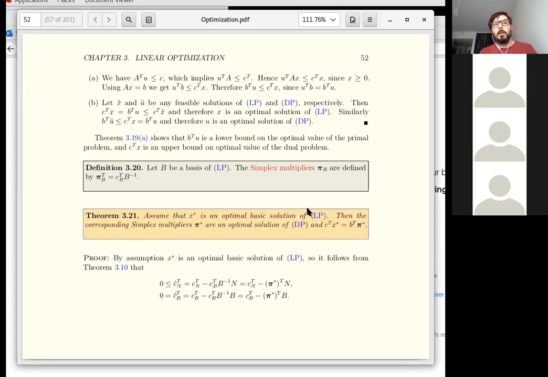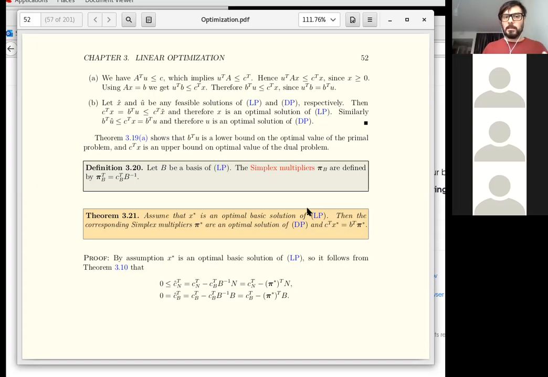This is fairly simple because in the dual problem, A transpose U must be smaller than or equal to C. Then we can take the transpose of that, so we get U transpose A is smaller than or equal to C transpose.